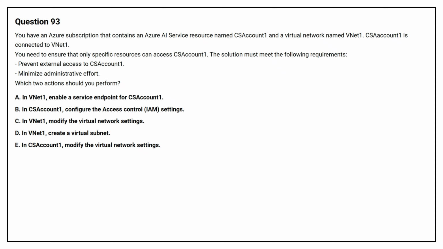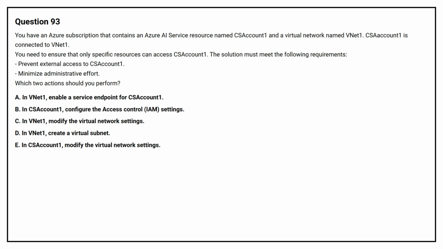Option A, in VNet1, enable a service endpoint for CS Account 1. Option B, in CS Account 1, configure the access control IAM settings. Option C, in VNet1, modify the virtual network settings. Option D, in VNet1, create a virtual subnet.